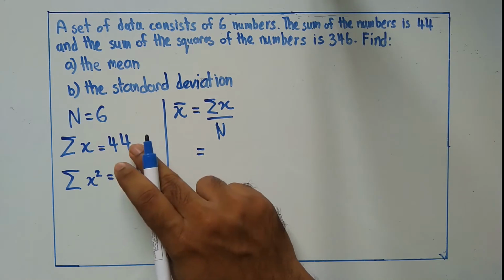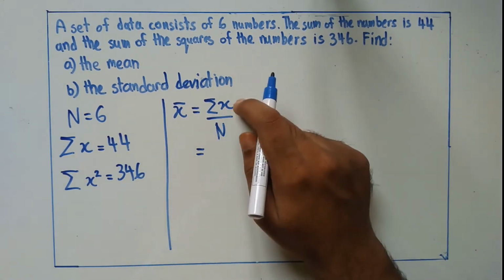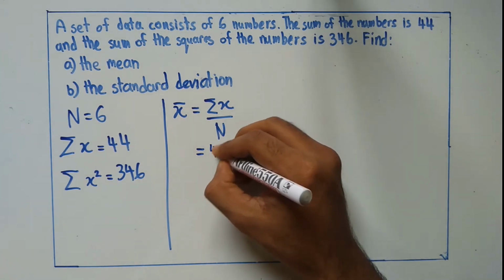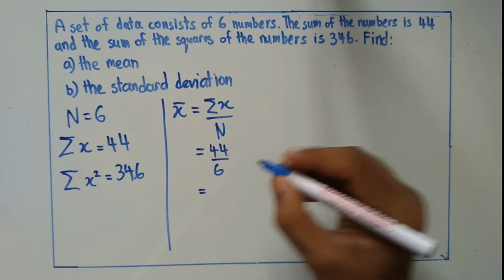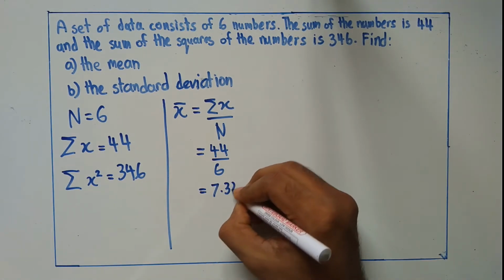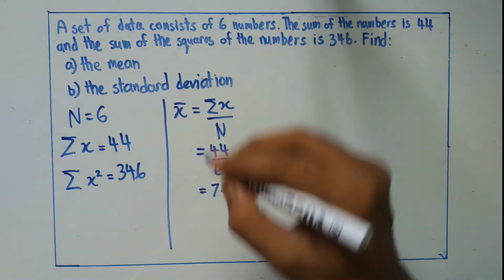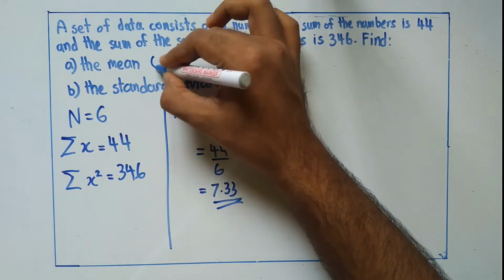We have the values of each variable. All you have to do is to substitute the numbers in. This should give us 7.33. We are done with part A.